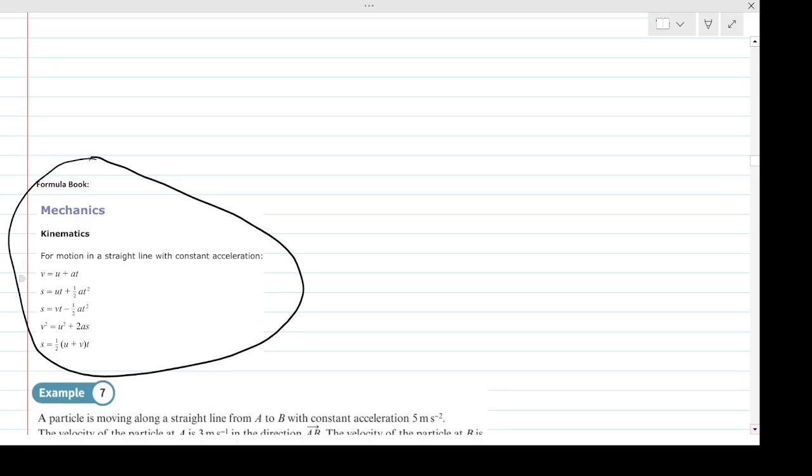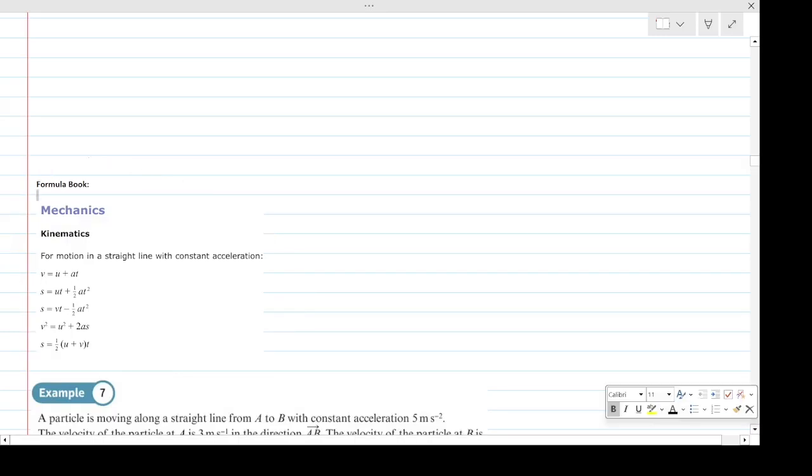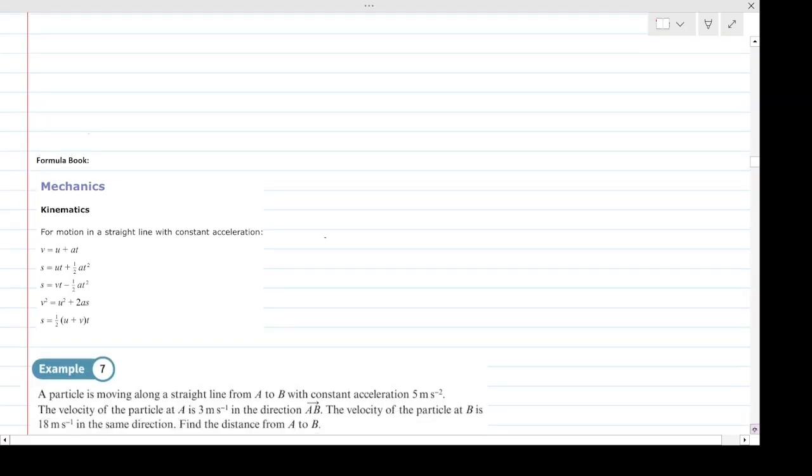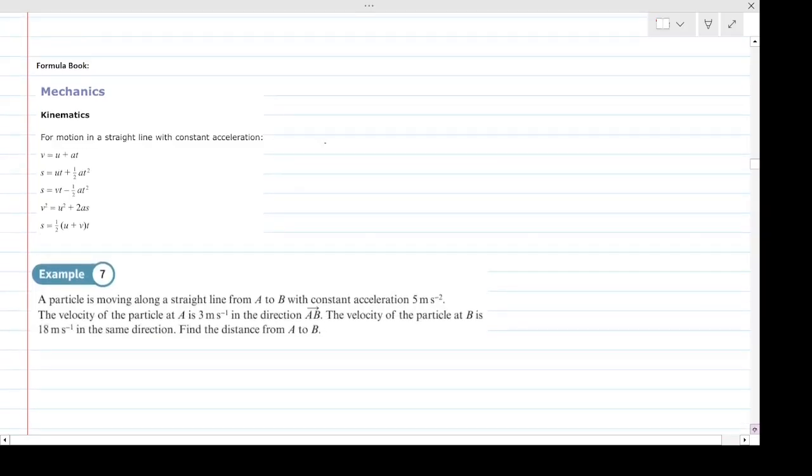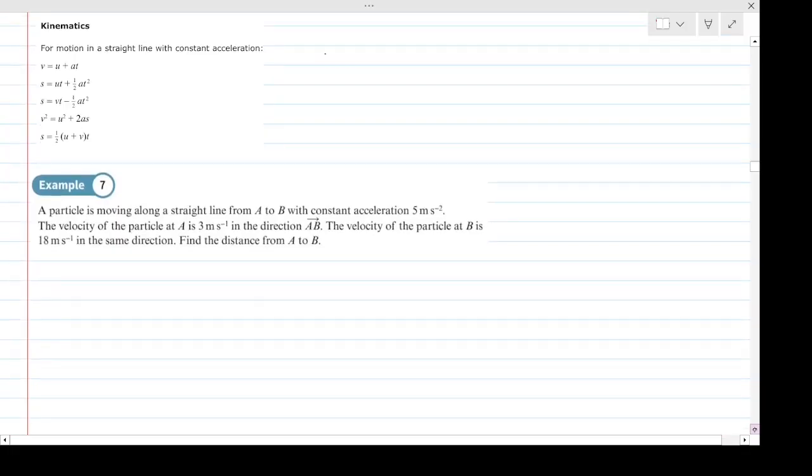You are given all 5 of these, and it's quite interesting, these are the only formulas you're given in all of mechanics in year 1 and year 2. So you can be grateful for that, I guess. These are all the formulas here, so you don't need to learn them. So that's some good news. With that in mind, let's have a look at some questions.